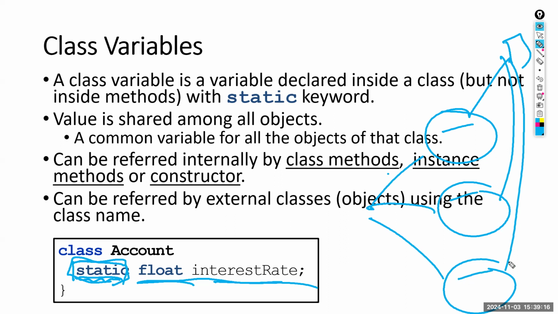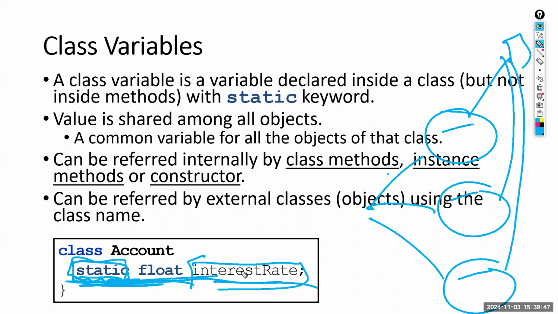So therefore, interest rate is not something every object gets differently. All the objects of that particular account class, say a savings account, will have the same interest rate. So it's a candidate for a static variable or class variable.